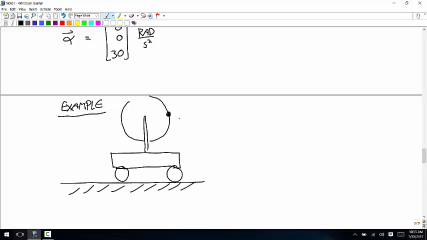And let's say this is the point P, and we're going to figure out what's going on with this point P. Let's say the wheels have a radius of 0.1 meters and angular velocity vectors of 0, 0, negative 3 radians per second.